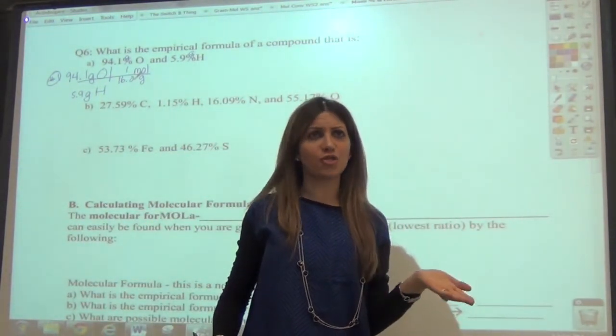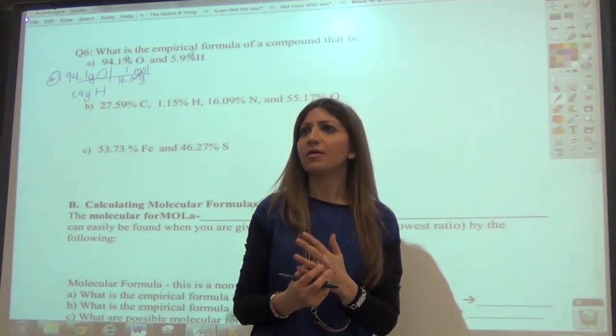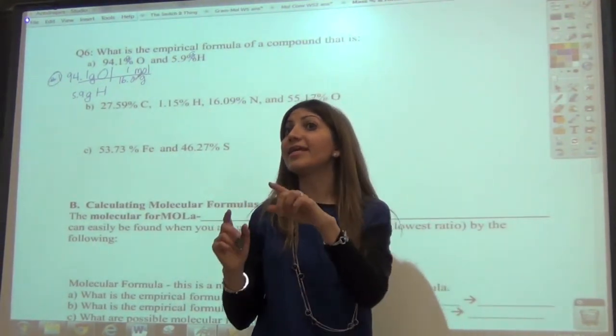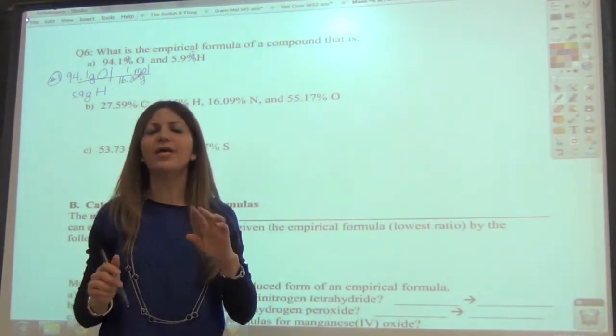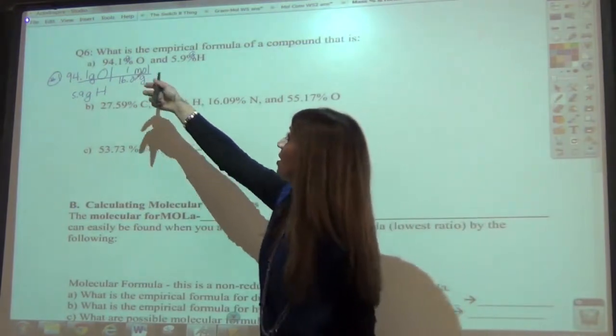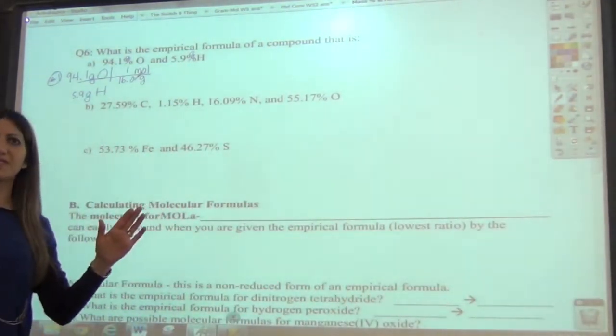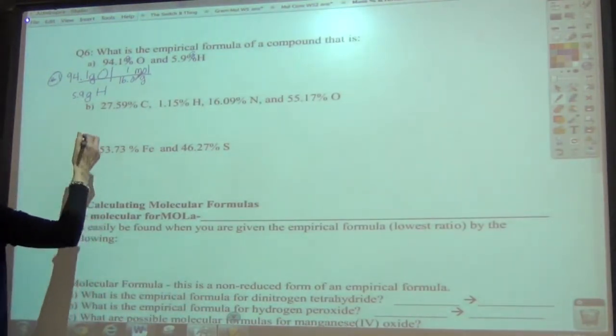Why isn't it O2 in this case? It's in another compound. It's not alone. If it's alone in nature, its oxygen is O2. This is not alone. This is oxygen with hydrogen. As long as it's with something else, it's just going to be the single atom. Okay? So this is just O.